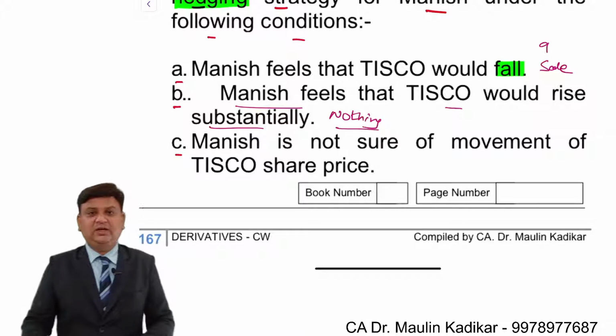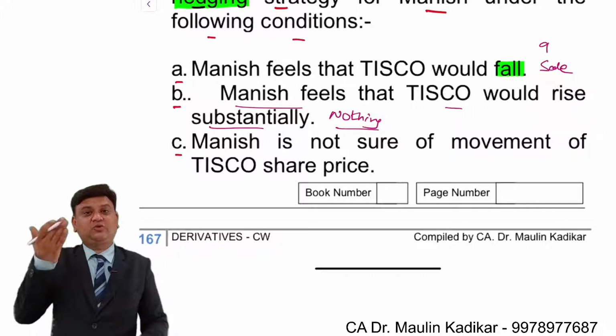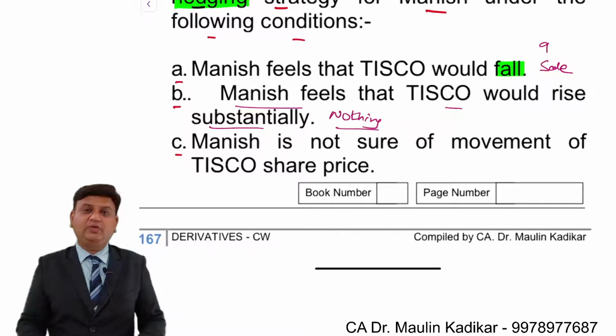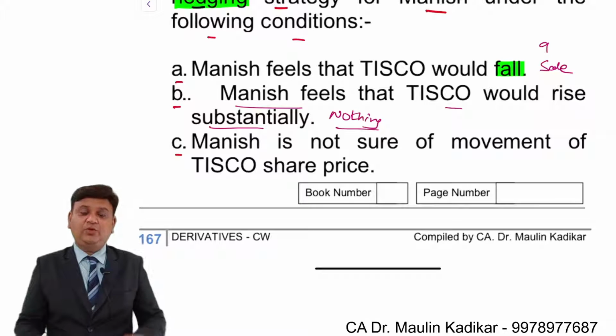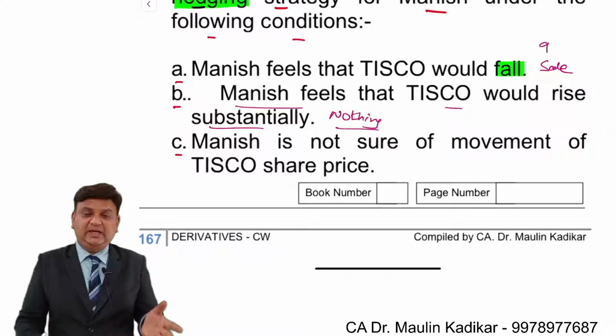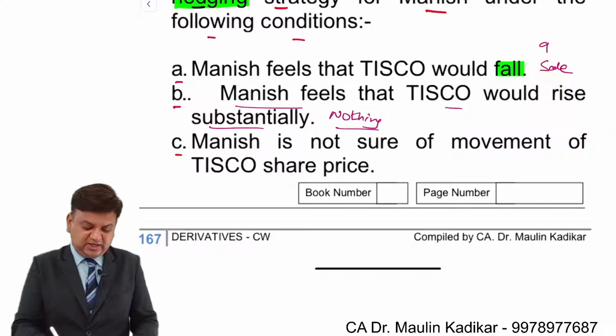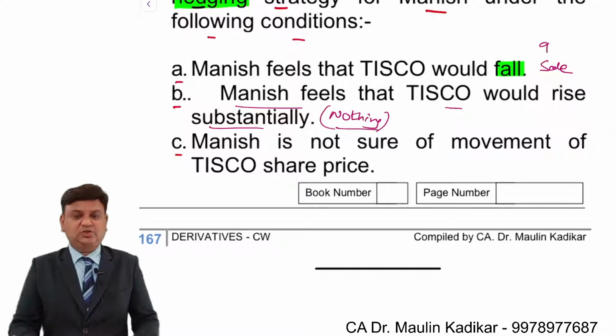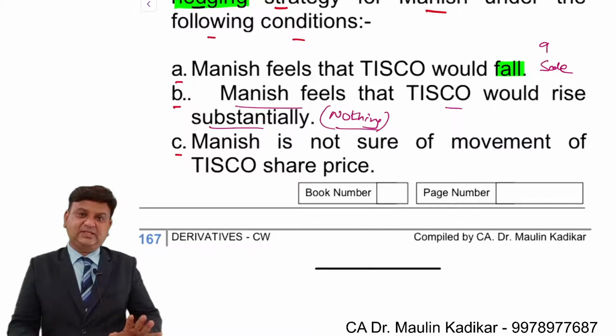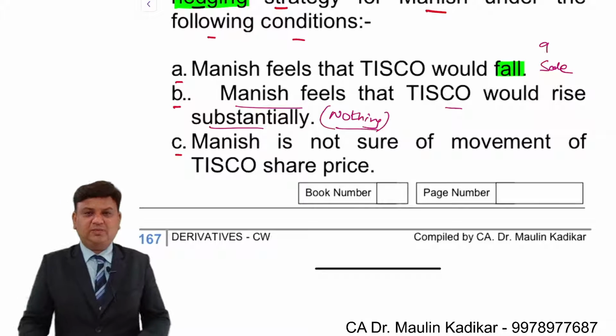Why? Because you are expecting the market to go up. So you don't have to do anything. You may increase the risk, in that you will buy the futures. But nothing as such is provided to us. So we will just tell the investor that you continue with the existing long position which you have.